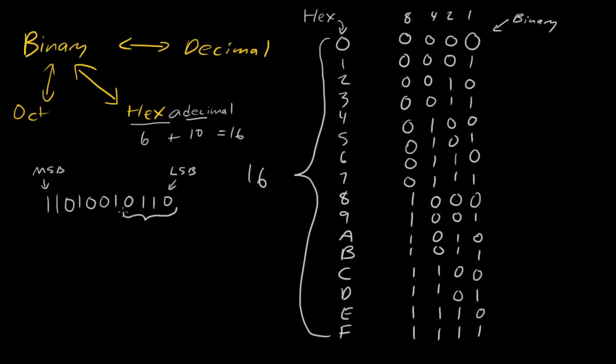I look at this in chunks of 4 because I have 4 bits on this side for each hexadecimal digit. There's 16 possibilities, and 2 to the 4 is 16. That's why this works: 4 bits represent 16 possibilities. That's why we can do this.